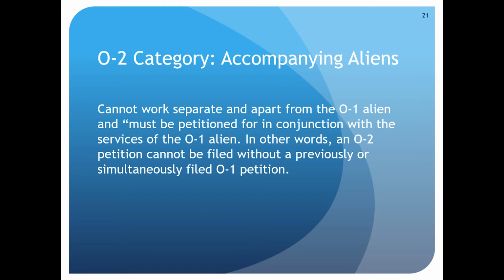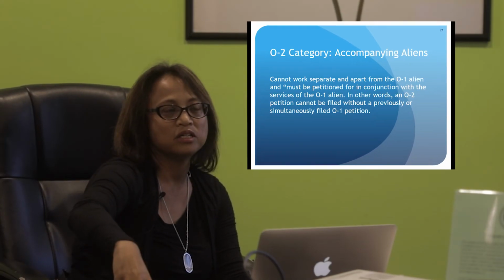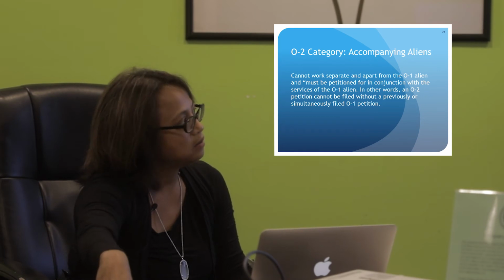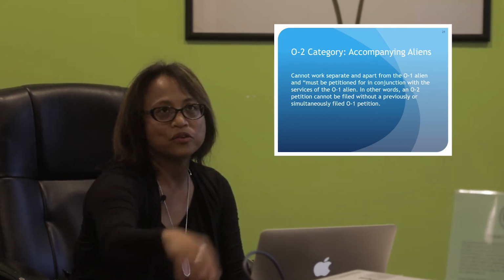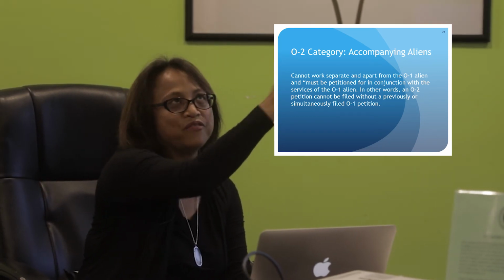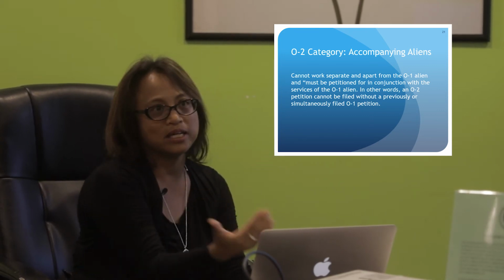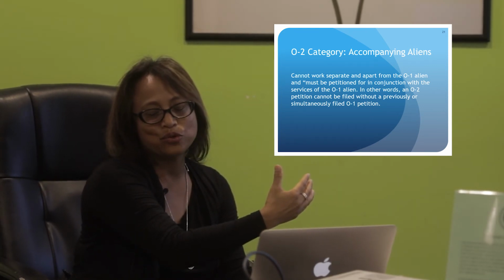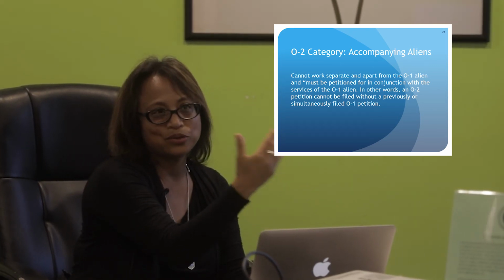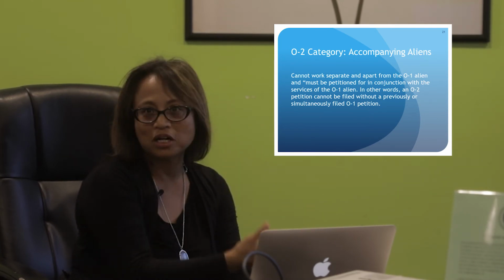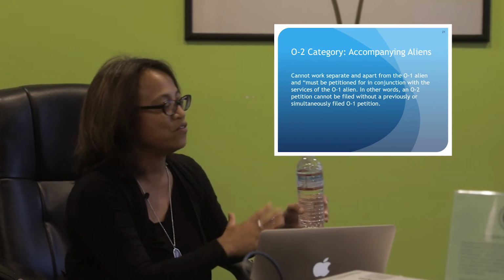But sometimes it does work out. In certain situations, like in a film production, you can get an O1 for a director, and then get an O2 for the assistant director or cinematographer, who maybe don't quite fit the O1 category.